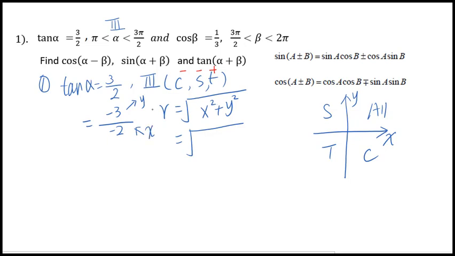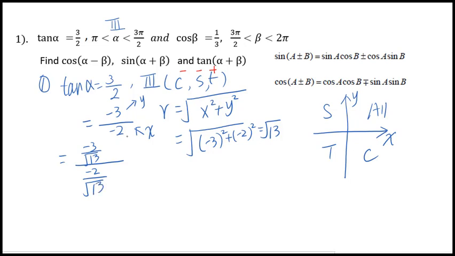It doesn't matter if you do x squared plus y squared or y squared plus x squared. So let's do -3 squared plus -2 squared. You will get the square root of 13. So you will have -3 over square root of 13 and -2 over square root of 13.